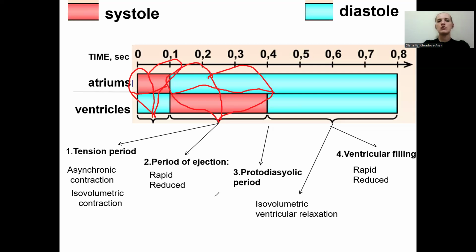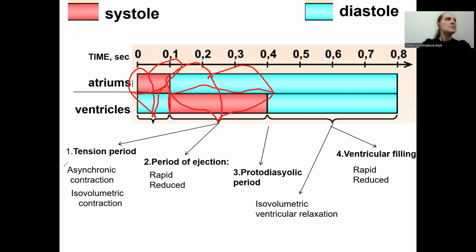If we're talking about the cardiac cycle, we should say that it starts with the contraction of the ventricles, the tension period, and the period of ejection. Tension period in the ventricles means that we have excitation of the muscle cells of the ventricles and the beginning of isovolumetric contraction.